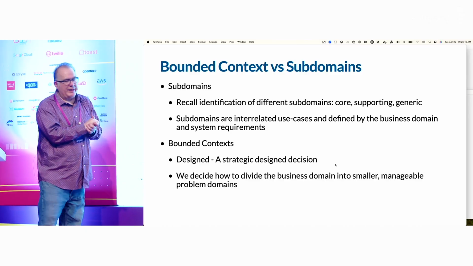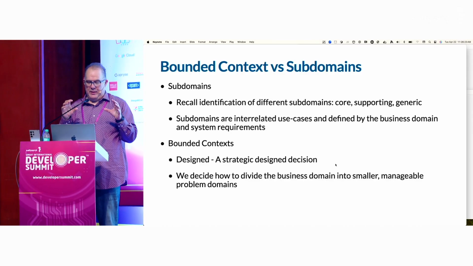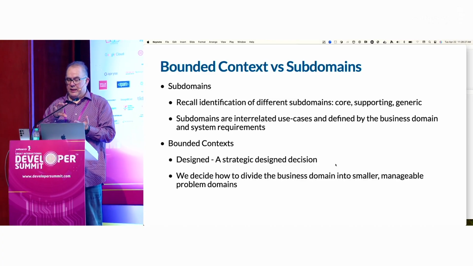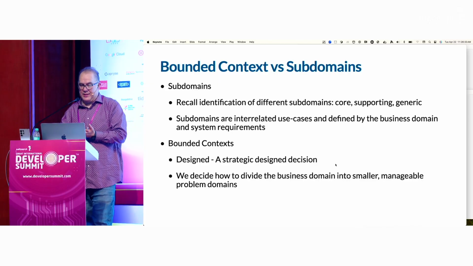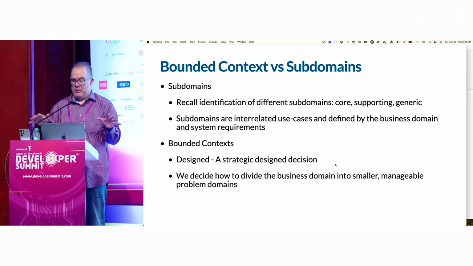At first, I didn't really buy that term, but now I'm all in with it. So subdomains, of course, are supporting, generic, interrelated use cases defined by business domain and system requirements. Bounded context design is a strategic design decision by the engineer. That's going to be the important part there.